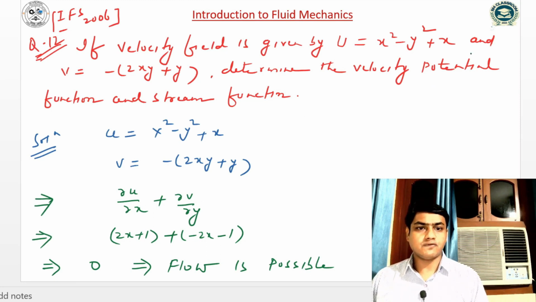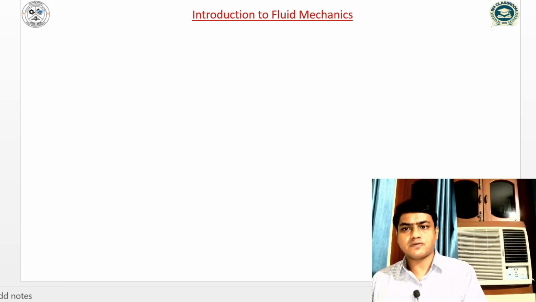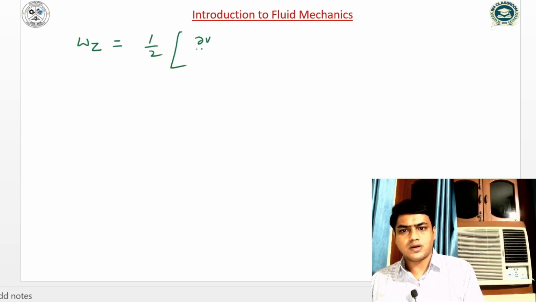Velocity potential exists in irrotational flow, so firstly we have to check whether the flow is irrotational or rotational. If I compute omega z, it will be 1 by 2 into del v by del x minus del u by del y.